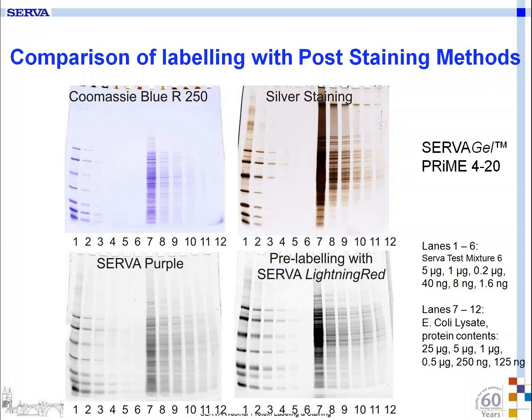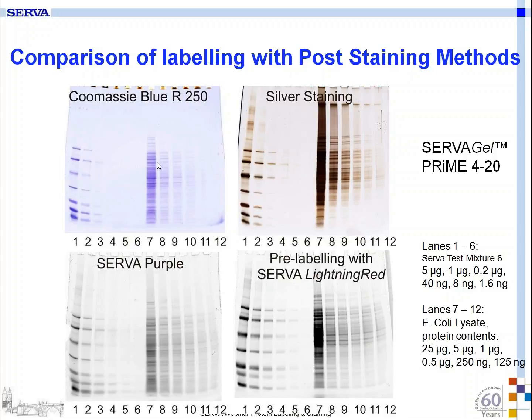What we have is a test mixture with a 5 micrograms to 1.6 nanograms dilution series, and an E. coli lysate with a 25 micrograms to 125 nanograms dilution series. And what you can see is what I had explained before.